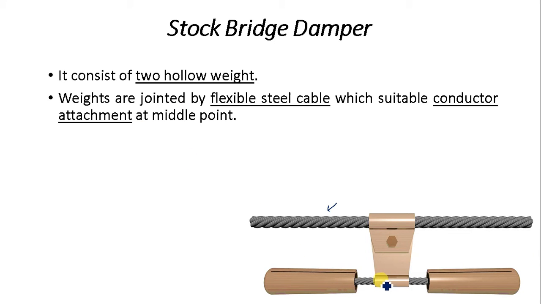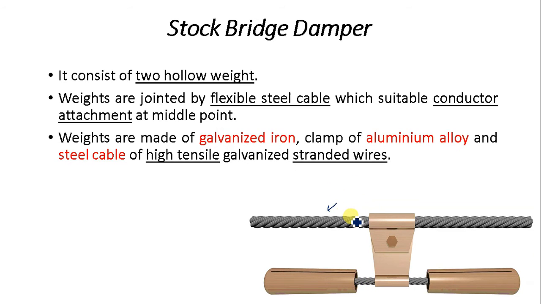These hollow weights are joined with the help of a flexible steel cable, with a suitable conductor attachment at the middle point. This clamp is used to connect your steel wire and your ACSR conductor. The weights are made of galvanized iron, the clamp is made of aluminum alloy, and the steel cable is stranded wire, which has high tensile strength.